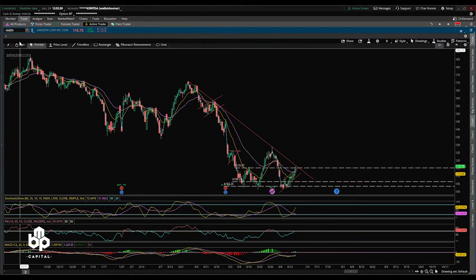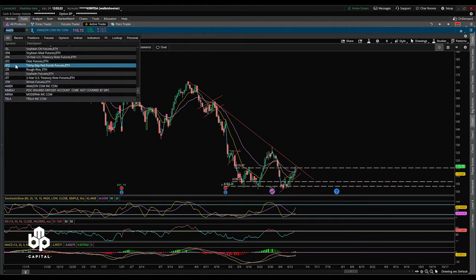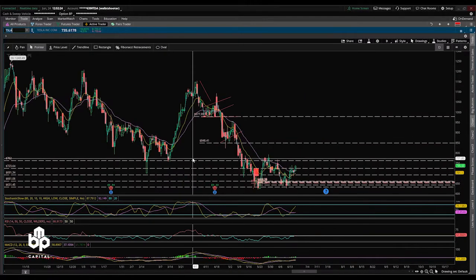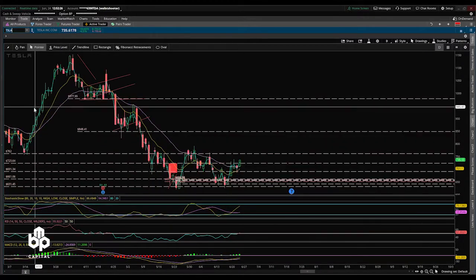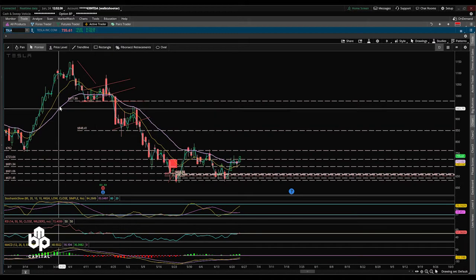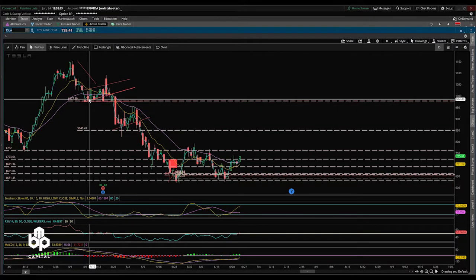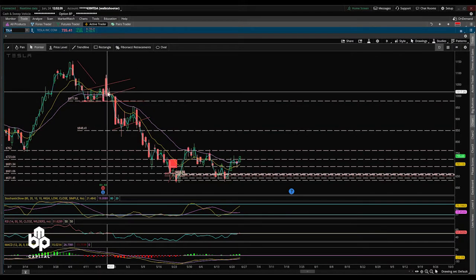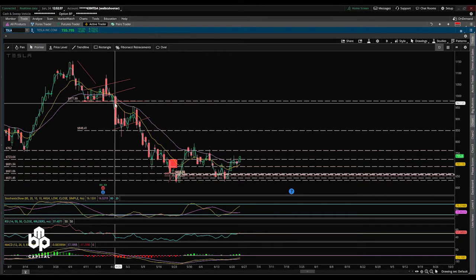So let's look at some other stocks. Let's look at Tesla. We talked about this yesterday, so that's why you see some of these blocked out. All right, so we got our flagpole, we got our consolidation here, and then you got your confirmation candle here and here.